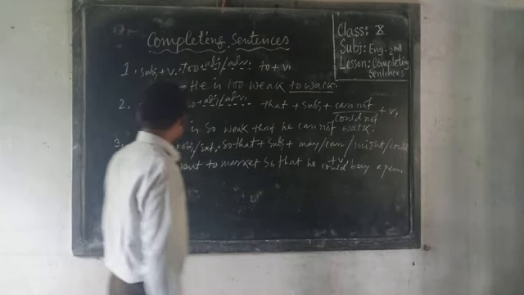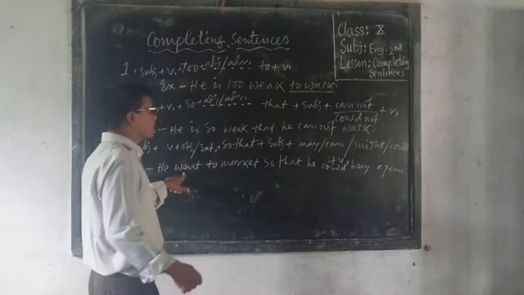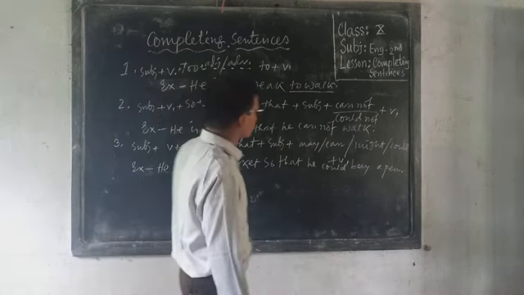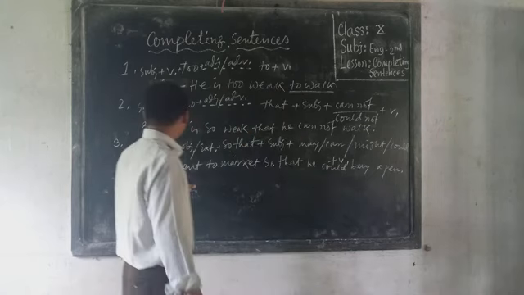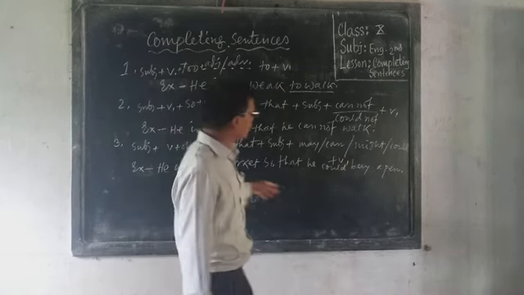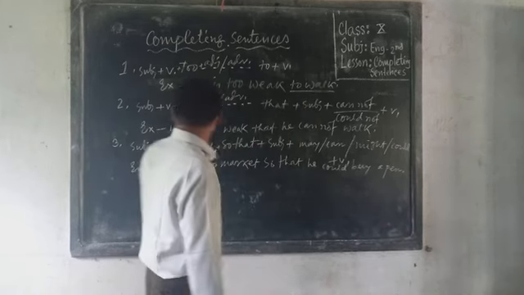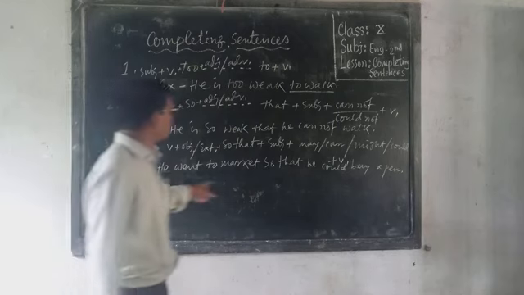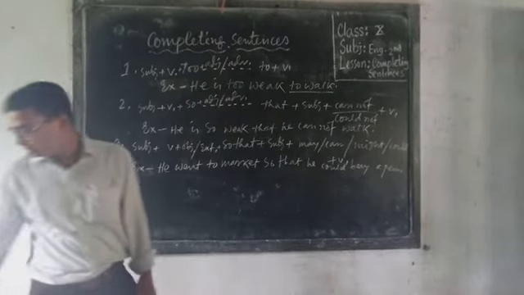Do you know dear students? Because our sentence, that means principal clause, is in past indefinite tense. That's why we have taken "could". And if it is in present tense, then we have to take here "can". So according to the structure, the instance is "He went to market so that he could buy a pen."